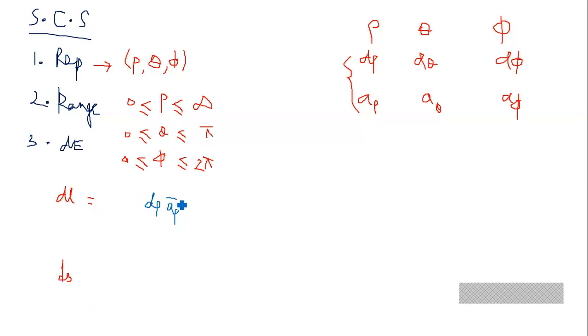Plus, I'm leaving a space, so make a note of it, followed by d theta a theta, plus again a bigger space, then d phi a phi. I have multiplied these similarly and put a plus mark.